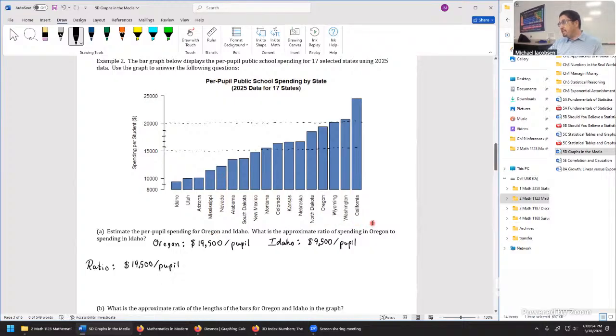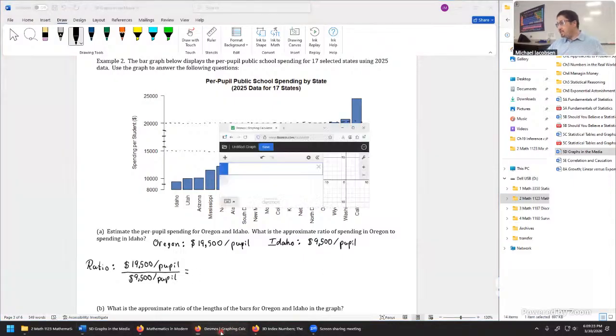So that's a ratio of spending in Oregon to spending in Idaho. The thing that came second is always going to be the denominator. So we're going to divide by our value here. It's an approximate because these values are estimates, or approximates in the first place. So 9,500 for Idaho. Per pupil, rather.